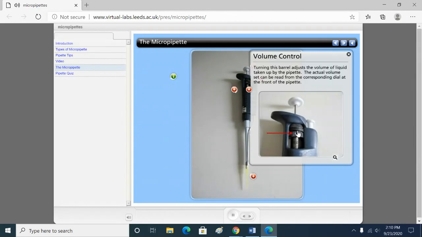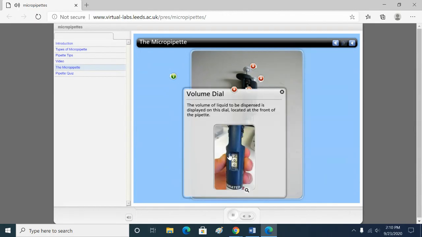So you rotate this to set the volume, and setting the volume is important because you only have 3 numbers to work with. Even if your volume is over 1,000, you still have just 3 numbers to work with.